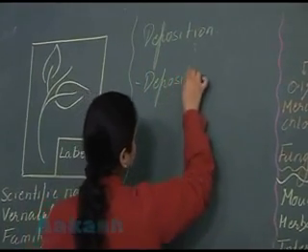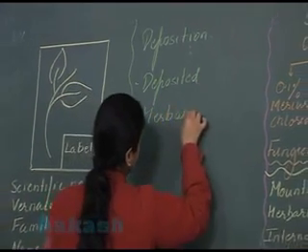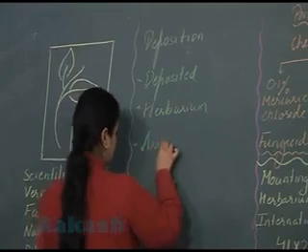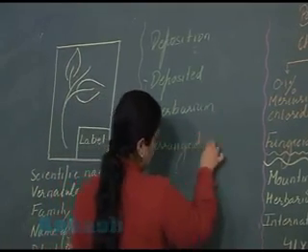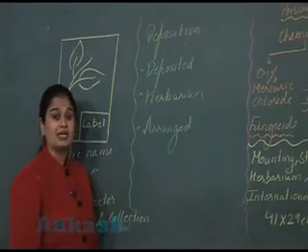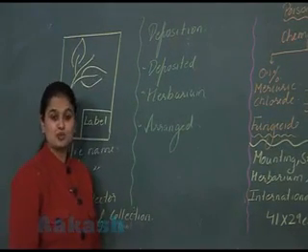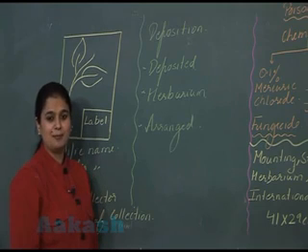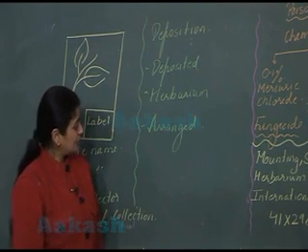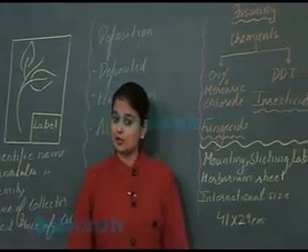Yes, how is it arranged? It is arranged according to the accepted classification system, and the one which is most widely utilized, that is the Bentham and Hooker system. So the different steps of making herbarium specimen is very much clear to all of you.